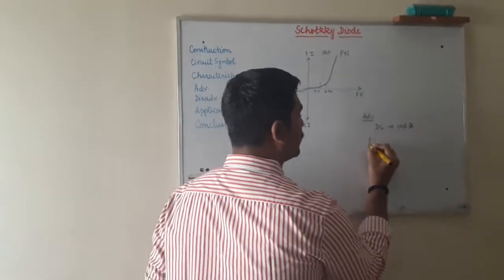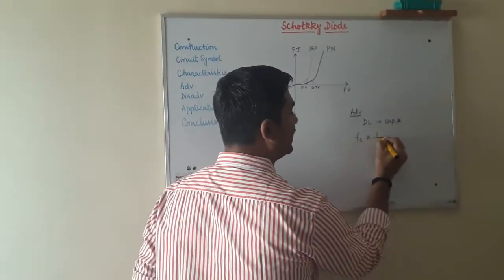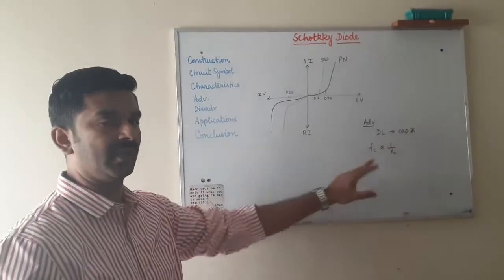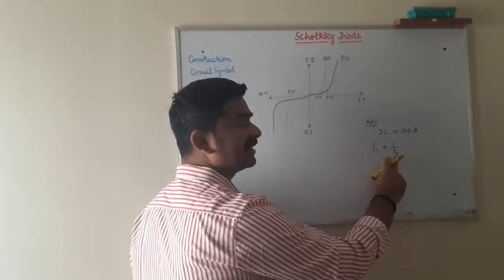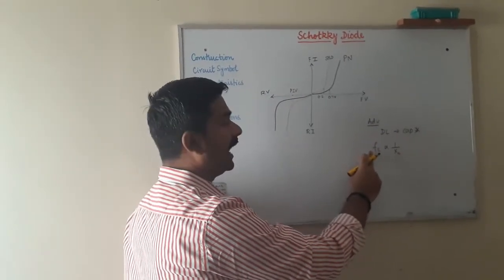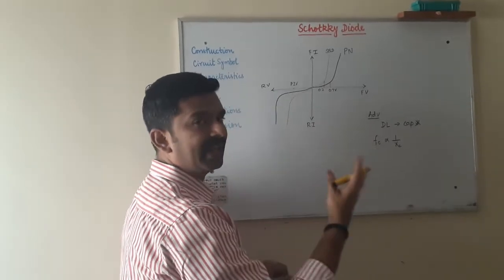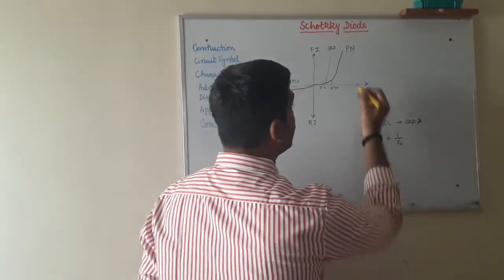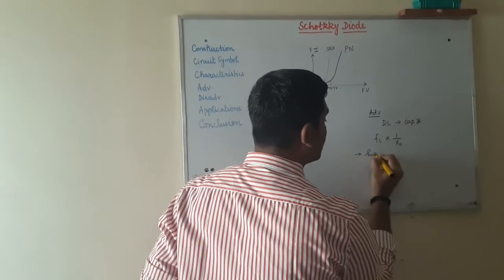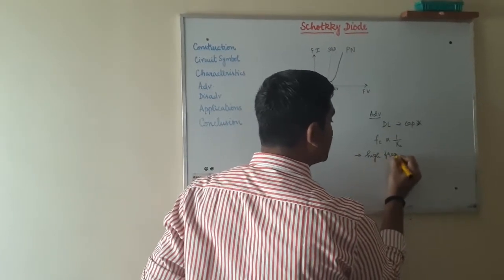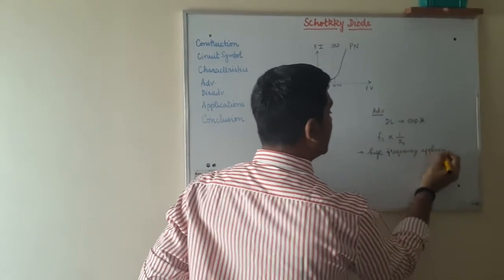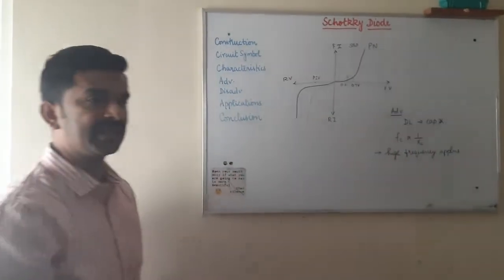And we also know that FC is related with capacitive reactance, it is inversely proportional, which means that when capacitance is very less, the frequency is going to be very high. அப்ப frequency of operation அதிகமா இருக்கும். அப்ப இந்த Schottky barrier diode you can use it for high frequency applications. இது வந்து first advantage, சரிங்களா?